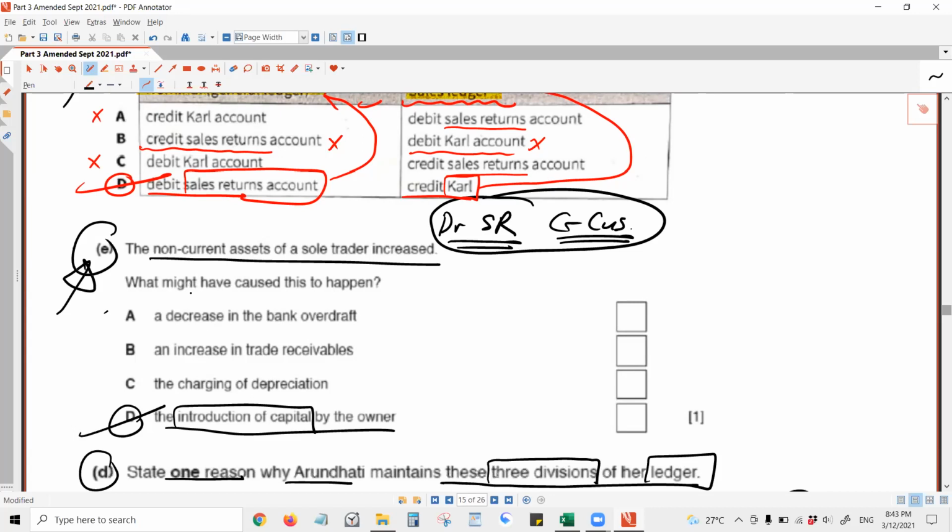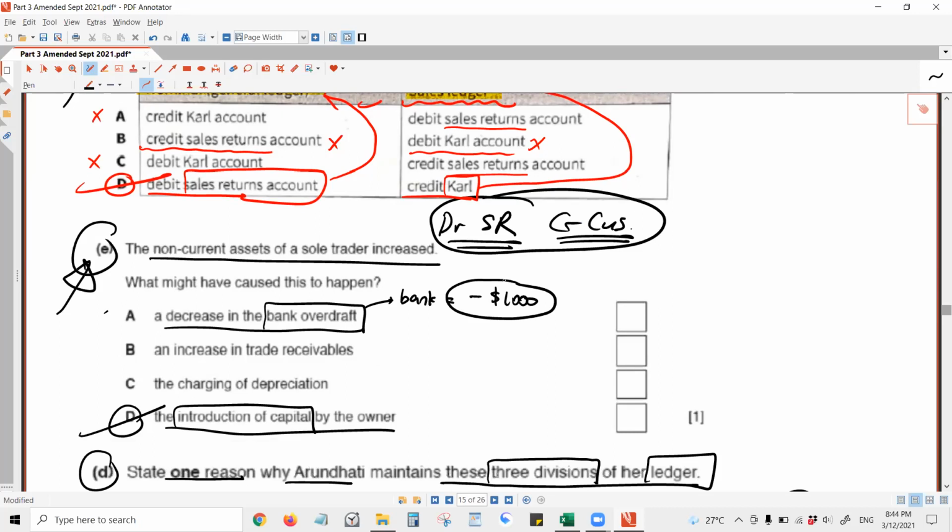And why the rest are not the answer, I try to explain. Decrease in bank overdraft. Okay, bank overdraft, you saw this term in chapter 1. It refers to a situation where your bank account doesn't have money. It's a negative balance, maybe negative 1,000, indicating we owe money to the bank.